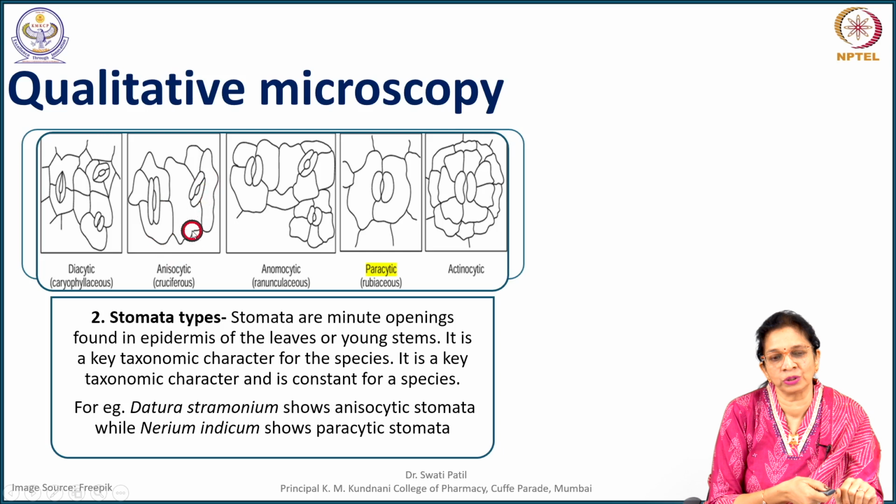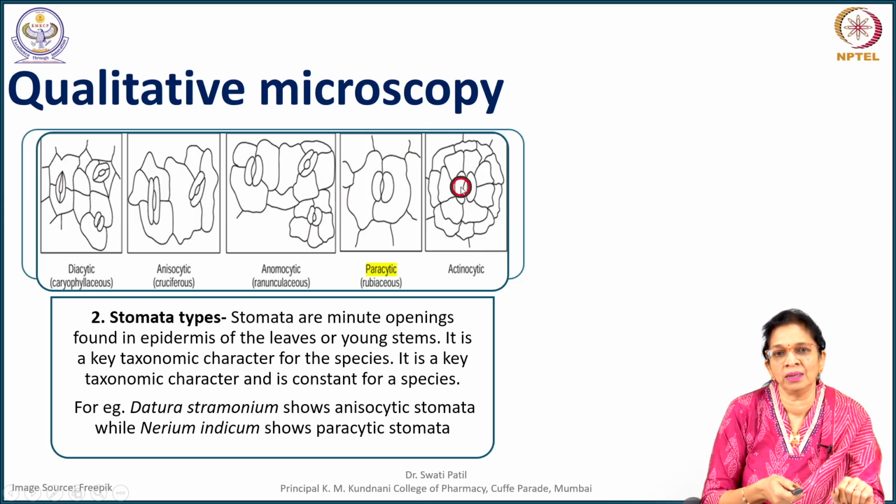This is anisocytic or cruciferous type of stomata which we see in Datura stramonium, diacytic which we saw in Senna, paracytic which we saw in Senna, and this is irregular shaped cells surrounding the guard cell.